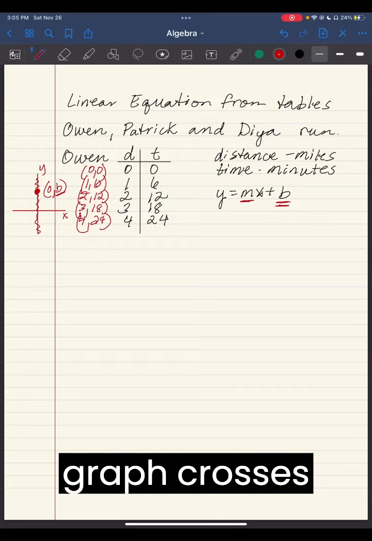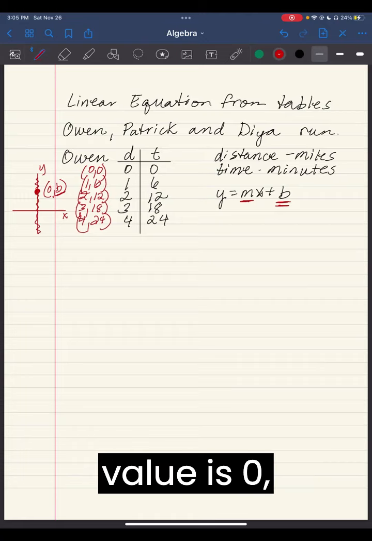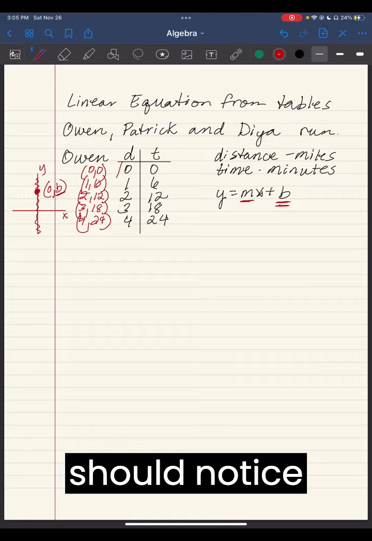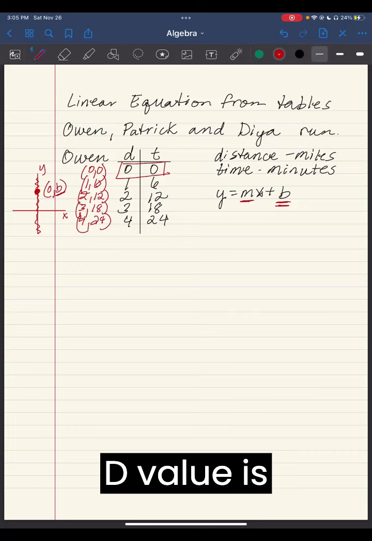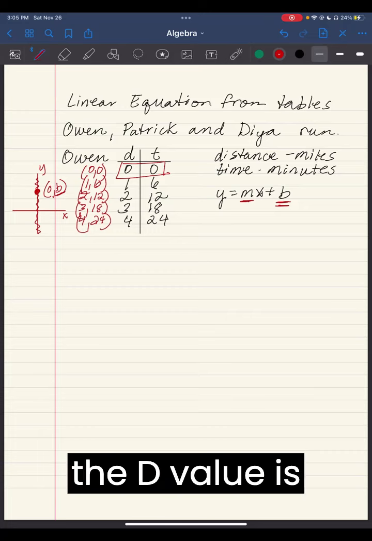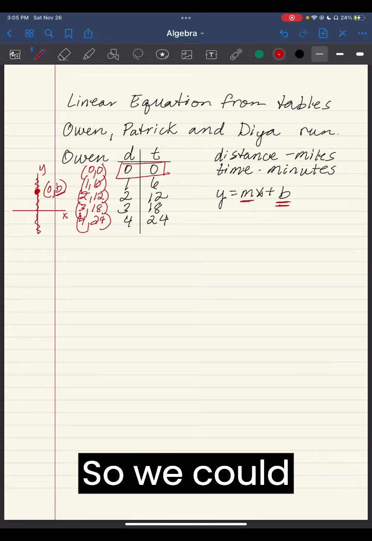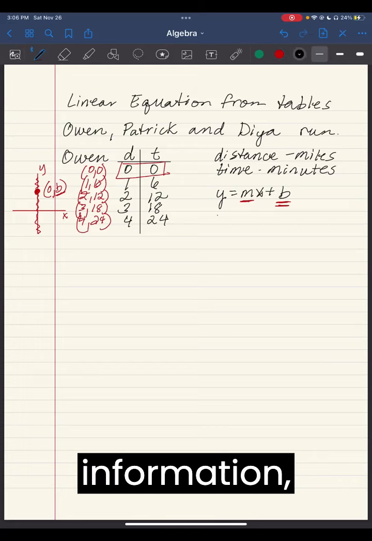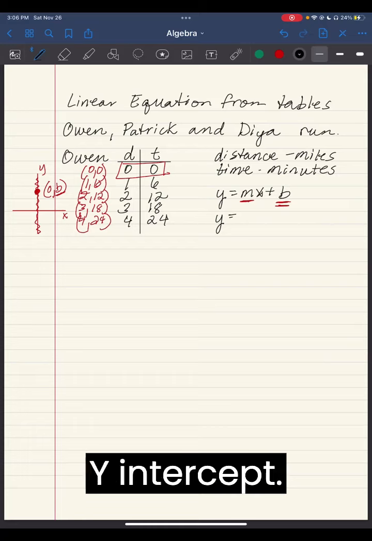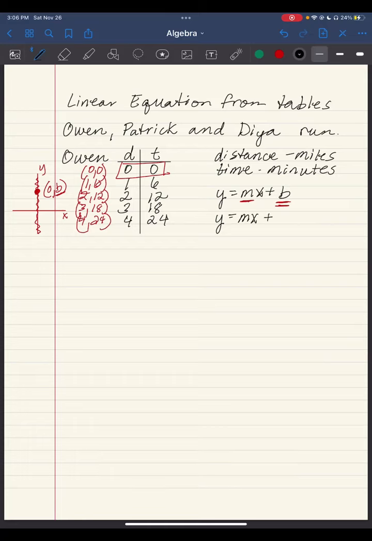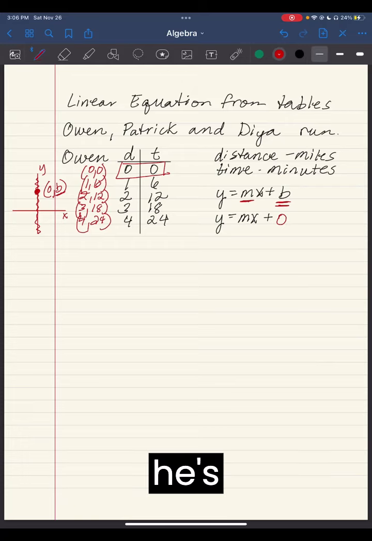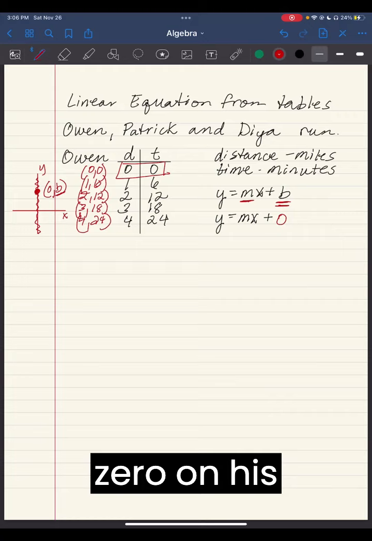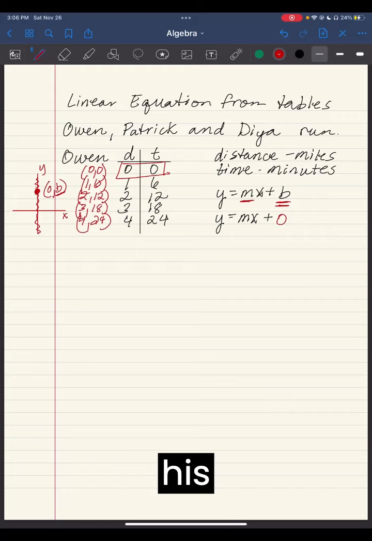The graph crosses the y-axis when the d value is 0. And you should notice that that's happening right here. The d value is 0, and when the d value is 0, the t value is 0. So without any other information, we could tell ourselves the y-intercept and put a 0 here. The 0 is the y-intercept because when he's run 0 miles, his time clocks in at 0 on his stopwatch.